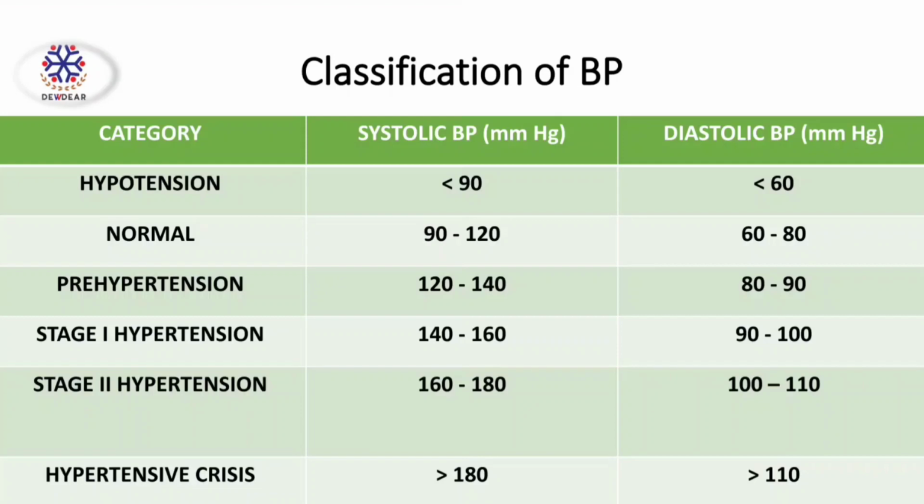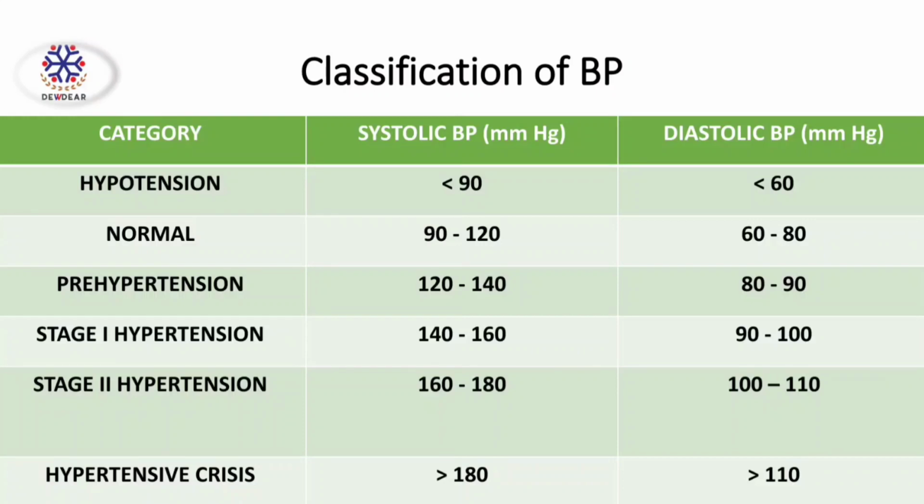In stage 1 hypertension, the systolic BP is 140 to 160 and diastolic BP is 90 to 100 millimeters of mercury. In stage 2 hypertension, the systolic BP is 160 to 180 and diastolic BP is 100 to 110. In case of hypertensive crisis, the systolic BP will be greater than 180 millimeters of mercury and diastolic BP will be greater than 110 millimeters of mercury.